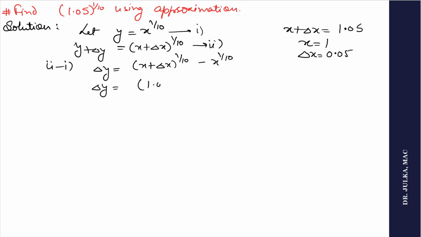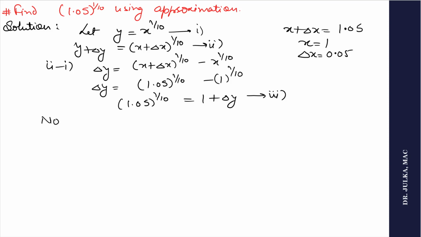Put x plus delta x as 1.05 and x as 1. So 1.05 raised to the power 1 by 10 equals 1 plus delta y. Now delta y is dy by dx into delta x. y is x raised to the power 1 by 10. So the derivative of this is 1 by 10 x raised to the power 9 by 10.